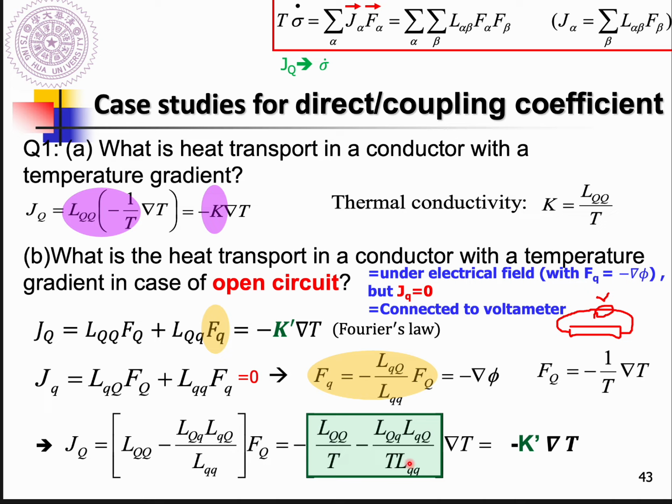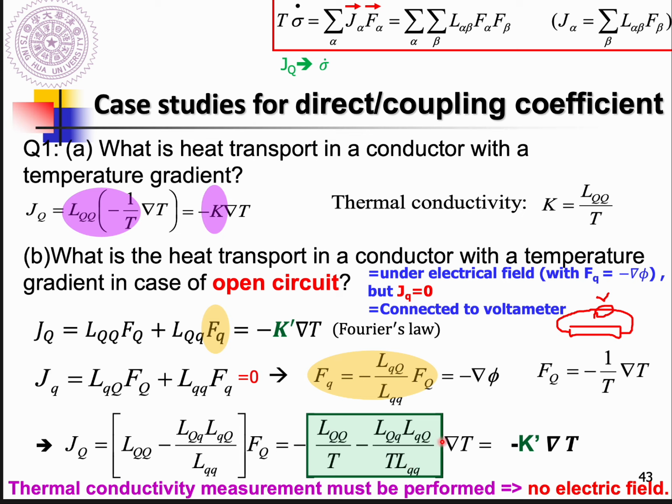So now we know what we know in this case. If there are two driving forces existing on your materials, and you want to measure the thermal conductivity kappa, you are going to underestimate the thermal conductivity of your materials because you are going to measure the kappa prime, right?